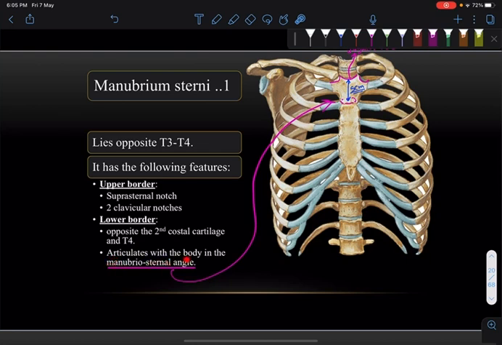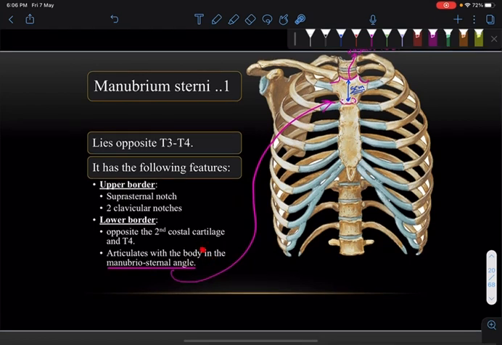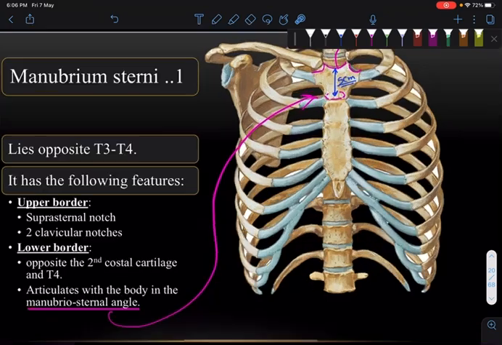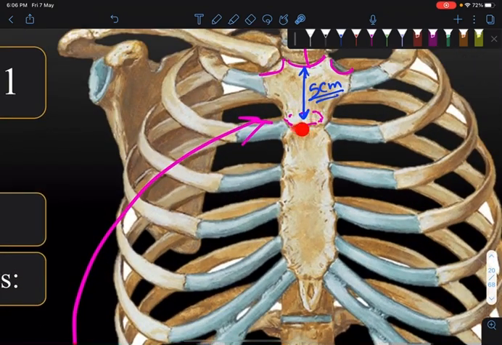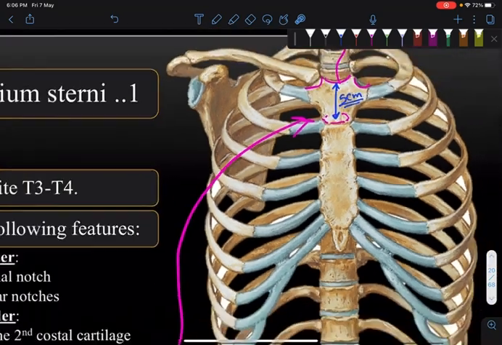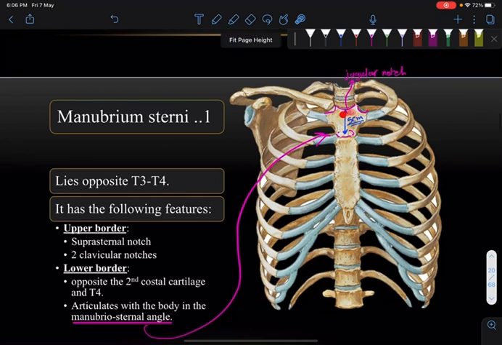Articulation تبعتها with the body in the manubrio-sternal angle. So articulates with the body اللي هو sternal body with this angle. هذا الجزء تسمى بالمانيوبريوم angle. So yeah, هو 5 سنتي below the upper border.